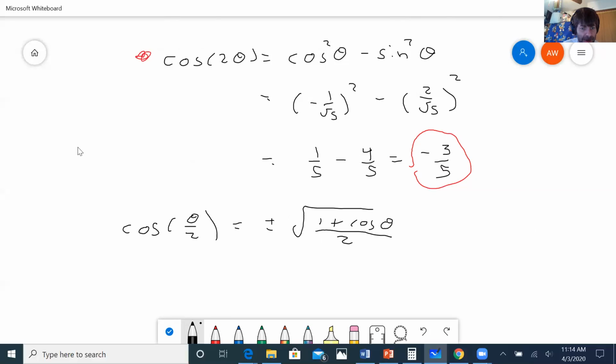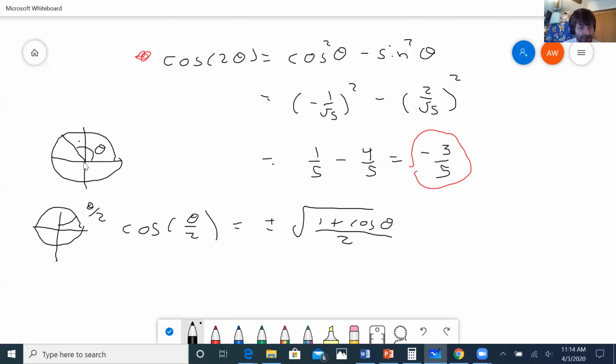So instead of looking back up there, I'm going to say, well, if theta was over there, half of theta is going to be smaller.